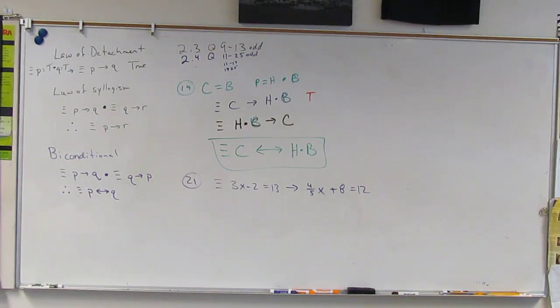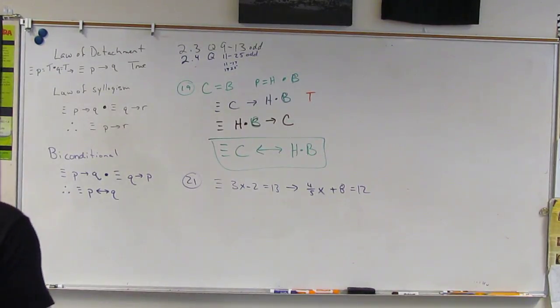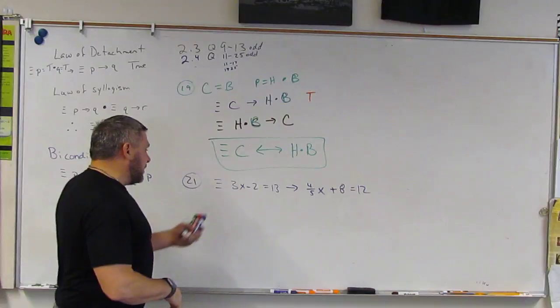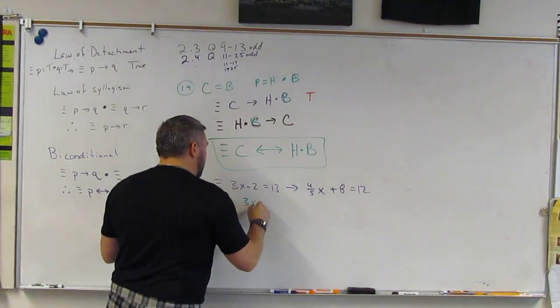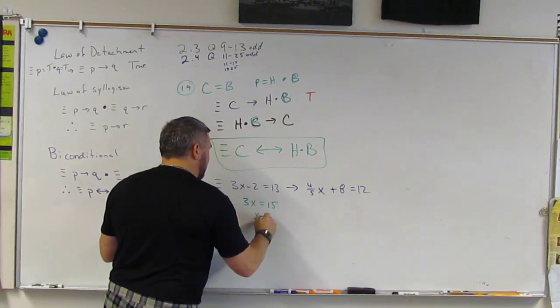They're saying determine if the biconditional statement can be written. If not, give a counterexample. So in other words, let's solve for x real quick. 3x equals 15, x equals 5.